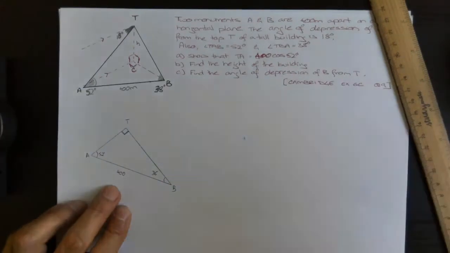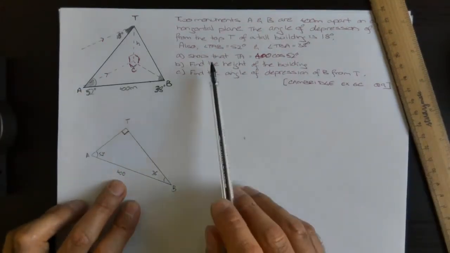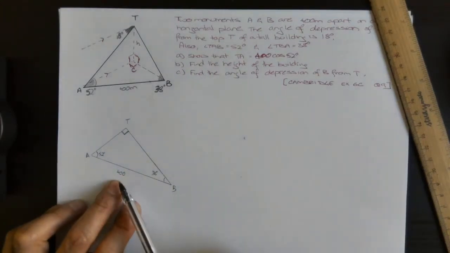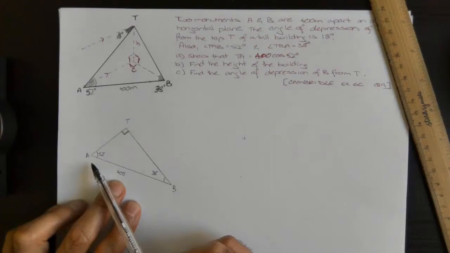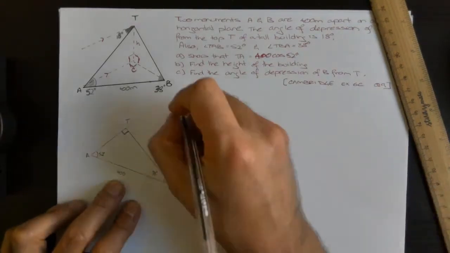Okay, so it says that I want to show that TA is 400 cos 52.